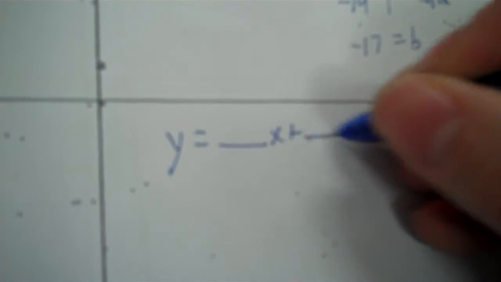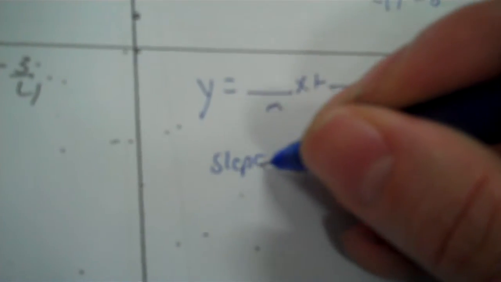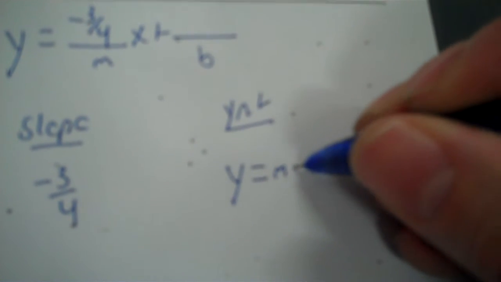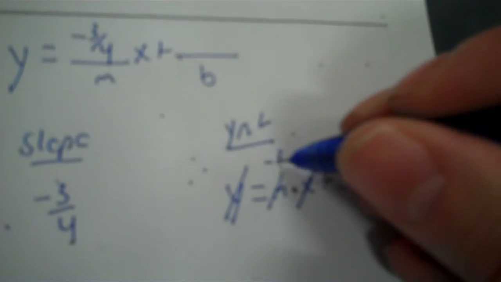Okay, next one. (Negative 8, 1), slope equals negative 3/4. So my slope is negative 3/4, and then to find b: y equals m times x plus b. So my m is negative 3/4.